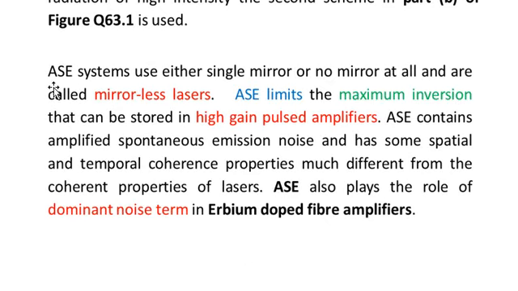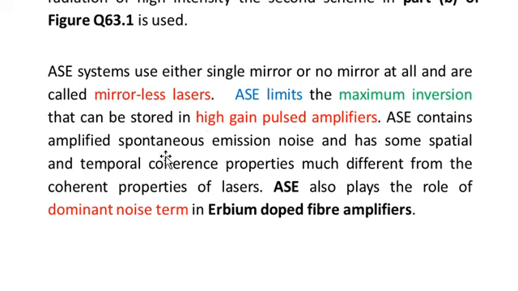Okay. Amplified stimulated emission systems use either a single mirror or no mirror at all, and are called mirrorless lasers. ASE limits the maximum inversion that can be stored in high gain pulsed amplifiers. So you see that ASE provides a limit in those cases where we are going to obtain a high gain profile in pulsed amplifiers.